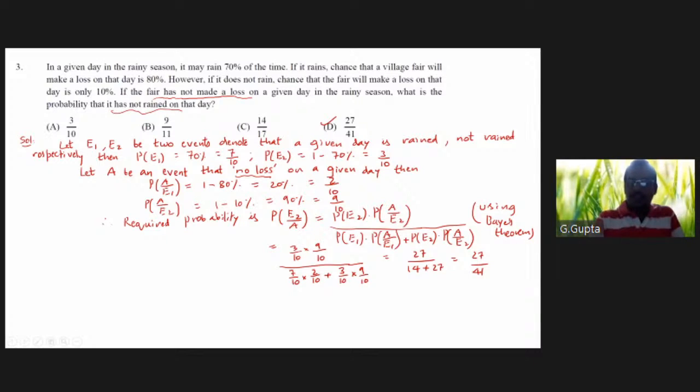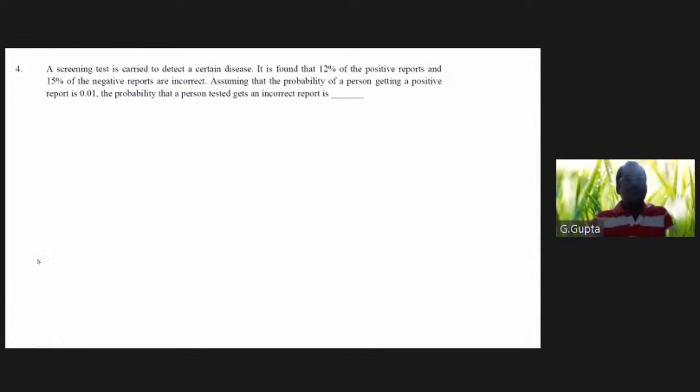So let us look at another example. A screening test is carried out to detect a certain disease. It is found that 12% of the positive reports and 15% of the negative reports are incorrect. Underline incorrect.